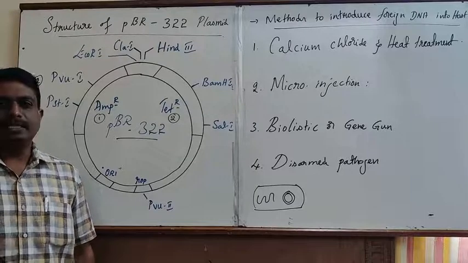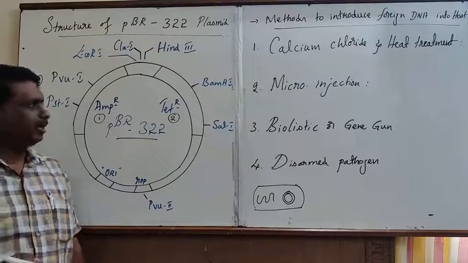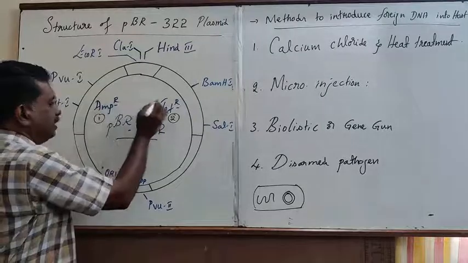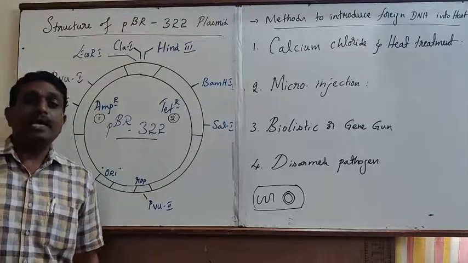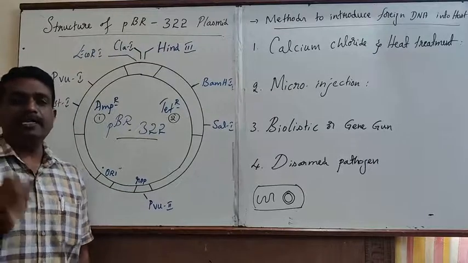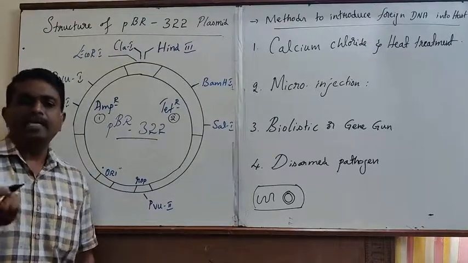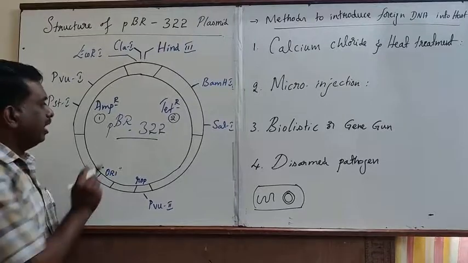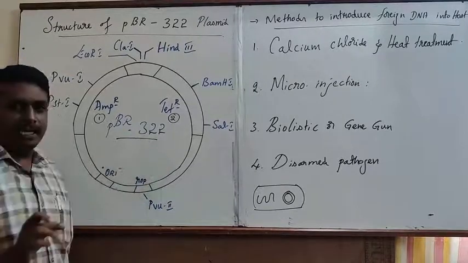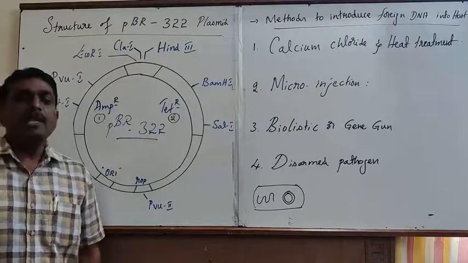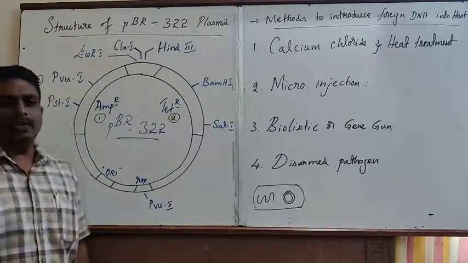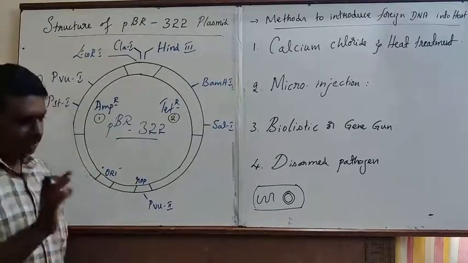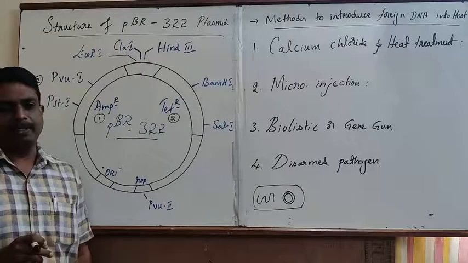tetracycline resistant gene. These selectable markers, namely ampicillin and tetracycline resistant genes, help in identifying and eliminating non-transformants and permitting the growth of transformants in the plasmid.